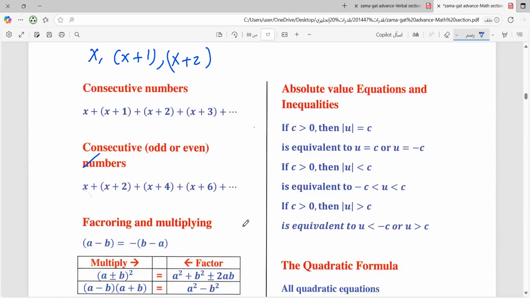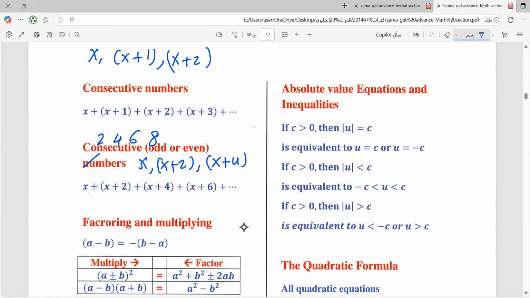Also, we have consecutive odd or even numbers like 2, 4, 6, 8. The difference between these numbers is 2. So when you assume the first number is x, the second number will be x plus 2 because it is an even number, and the third number will be x plus 4. So each time you add 2.